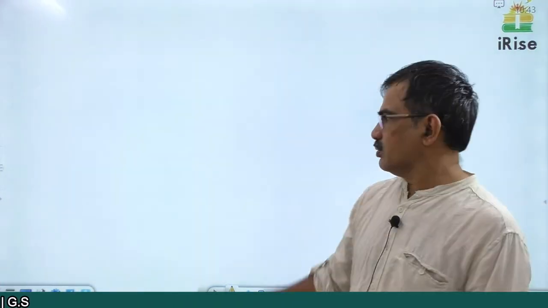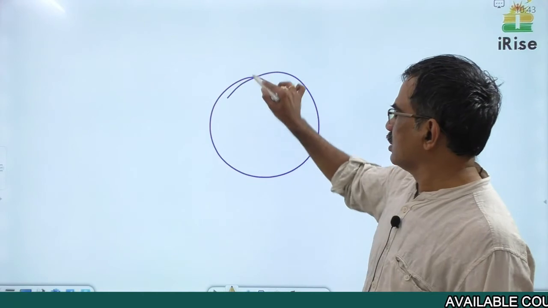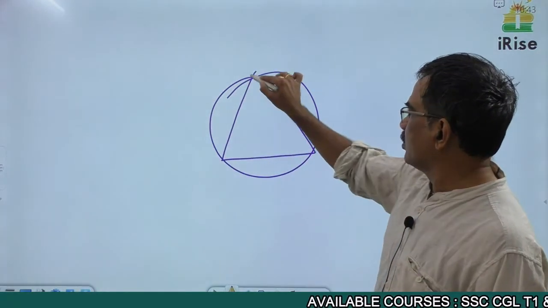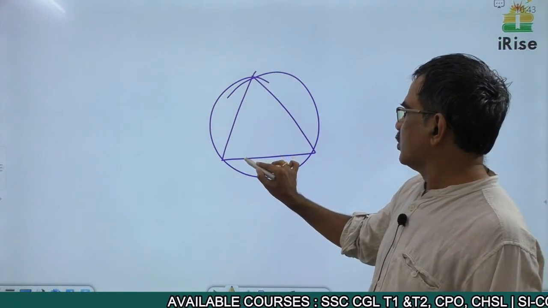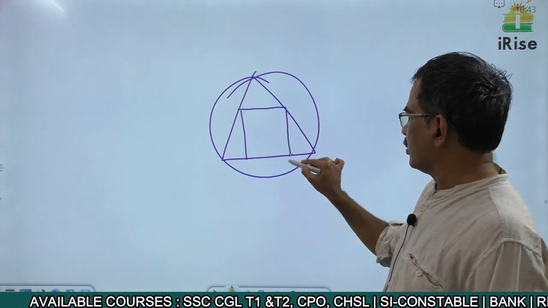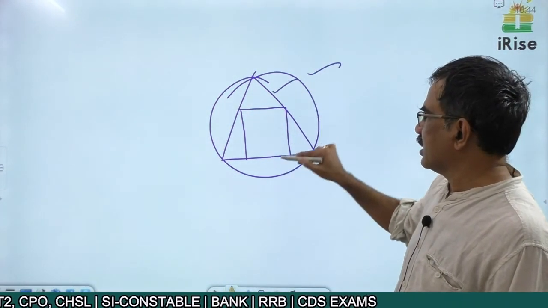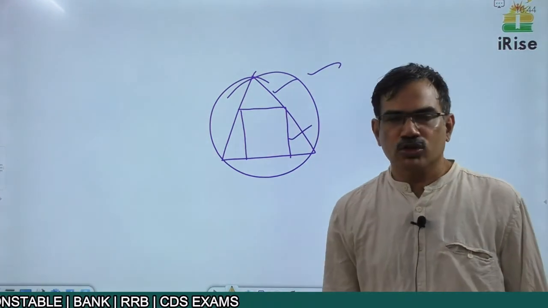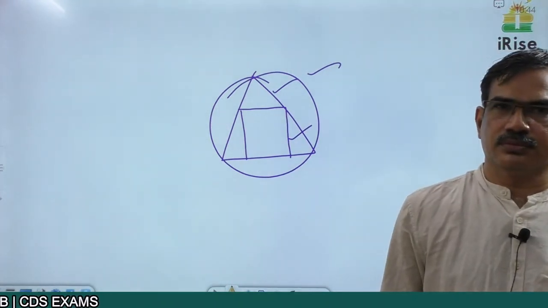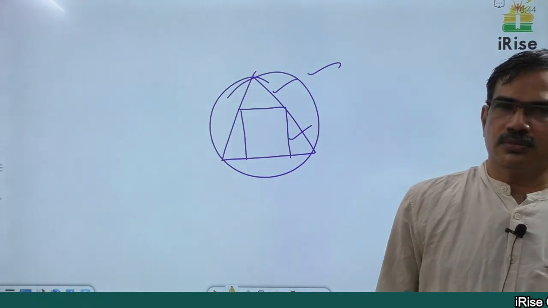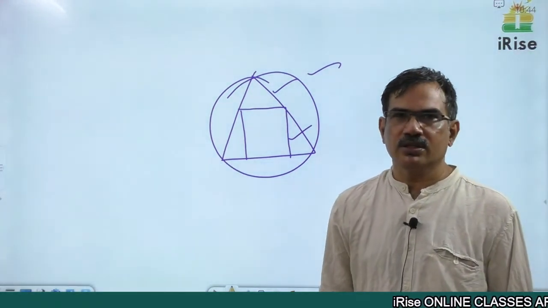For example, if there is a circle, in the circle a maximum triangle is inscribed. In this, for example, a maximum square is inscribed. You have to know the properties of circles, properties of triangles, properties of squares also. So questions will be given based on this.